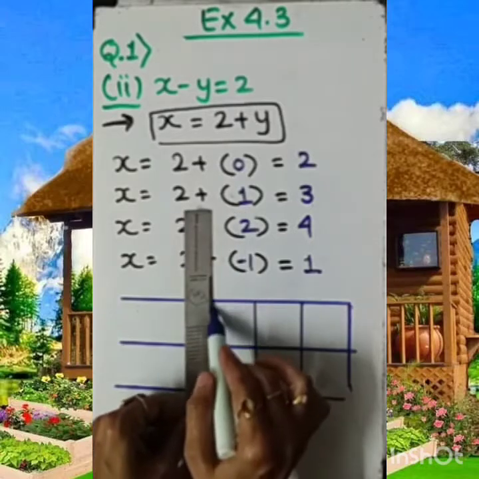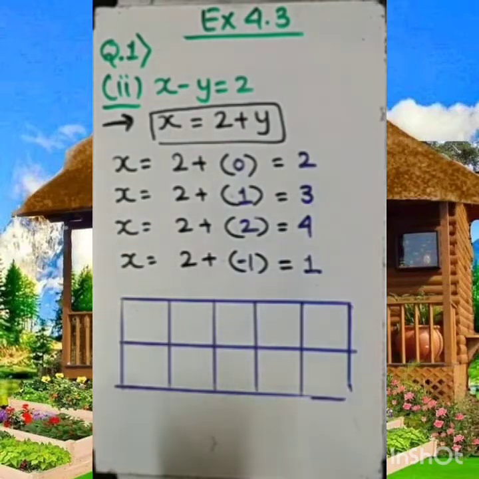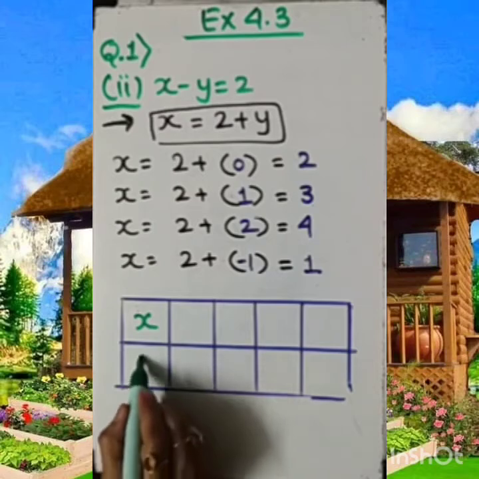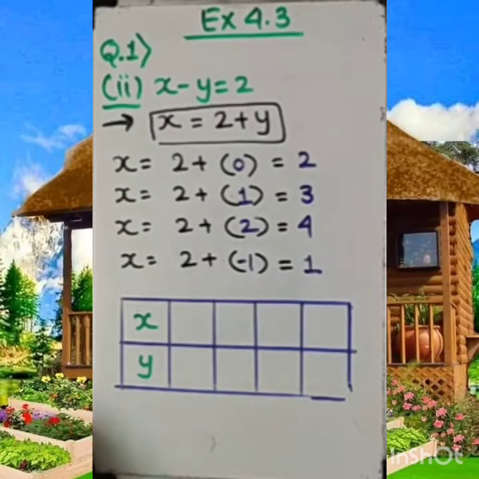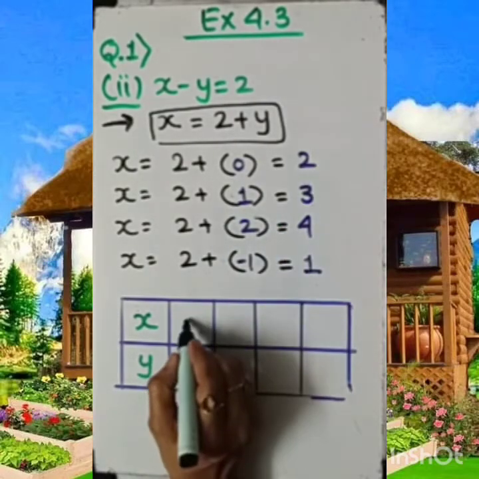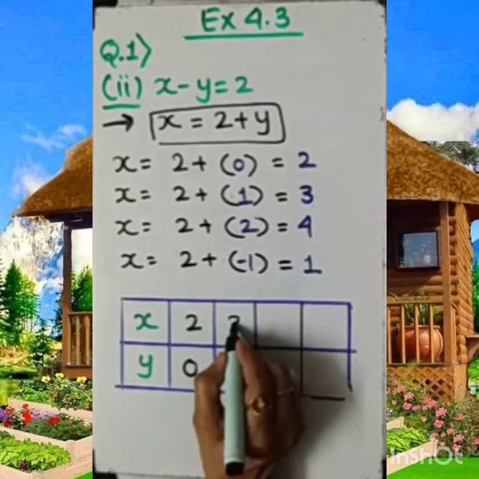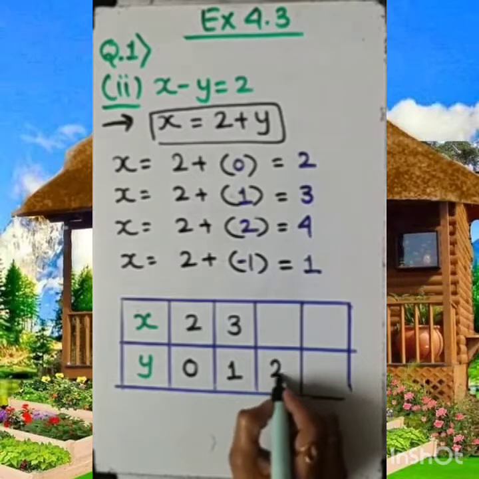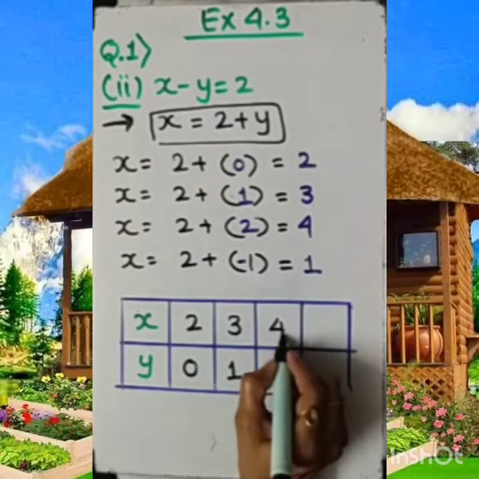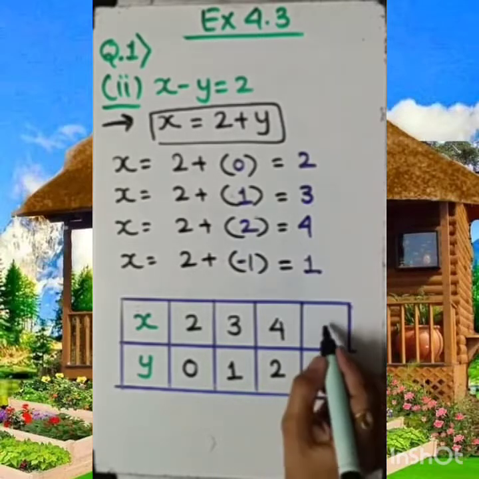Here I have x and this is y, two variables. Then if I choose y as 0, then I get the value of x as 2. If I have here 1, then this is 3 as a result. If I choose 2, then I get 4 as a result. And I choose one negative value, -1, so I have here 1.